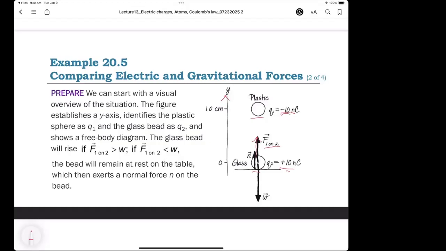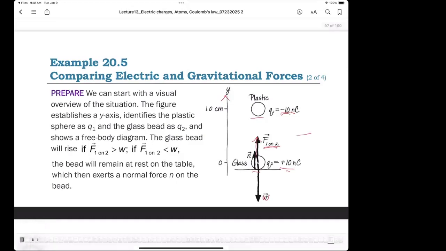If F1 on 2 is smaller than W, the bead will remain at rest on the table, because the table exerts no more force on the bead.